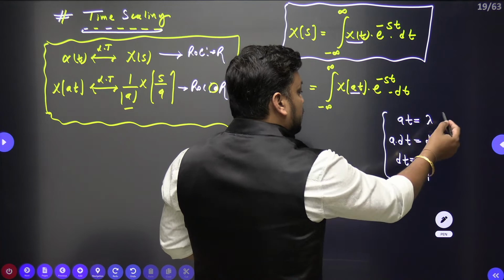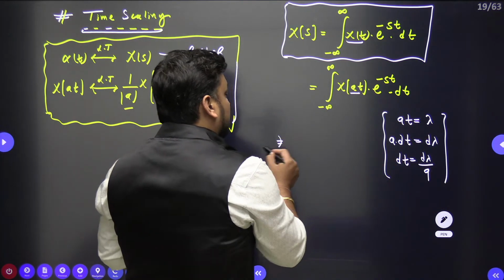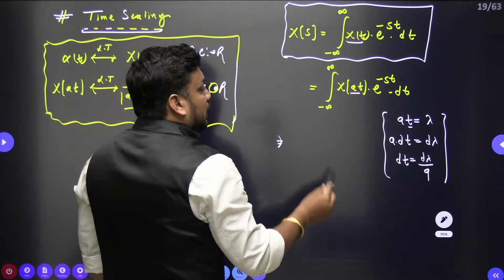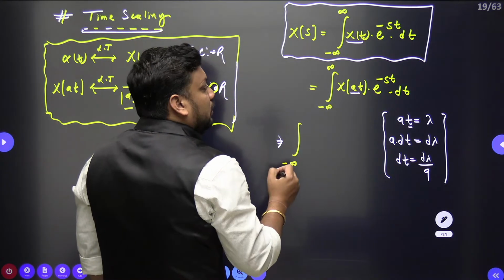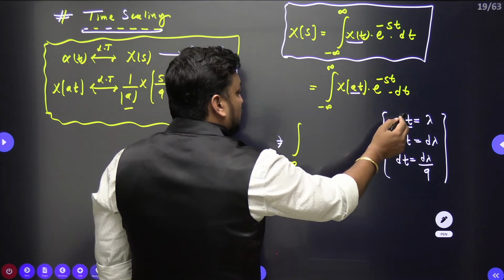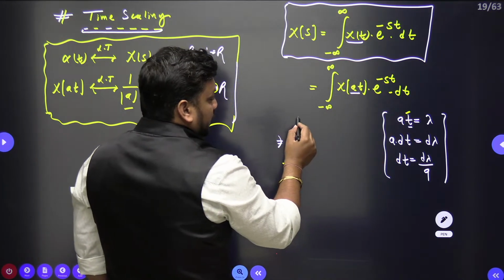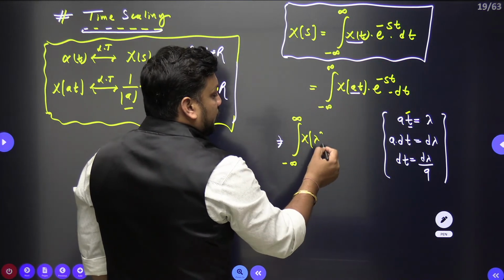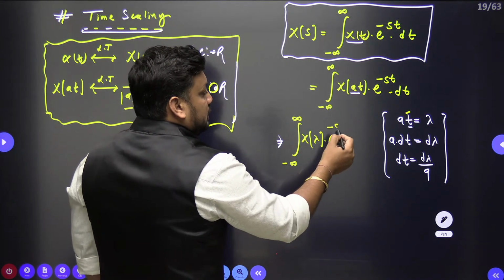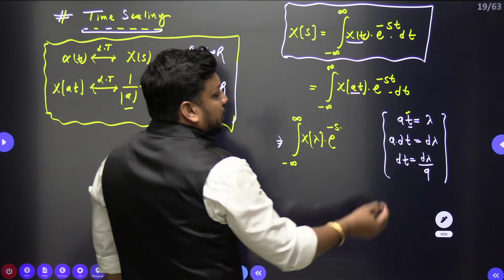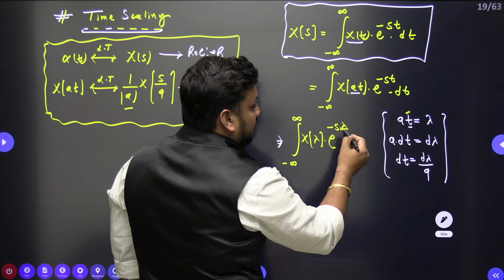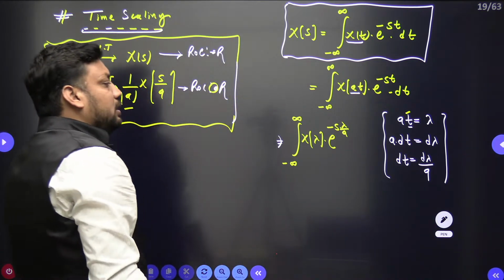Now because of this, there is an effect on the limit. Minus infinity in terms of t, the lambda limit is also minus infinity only. If I put the upper limit infinity in place of t, here also infinity only. x(at) means I am putting lambda only, and e to the power minus s into t. Now t is nothing but lambda by a.